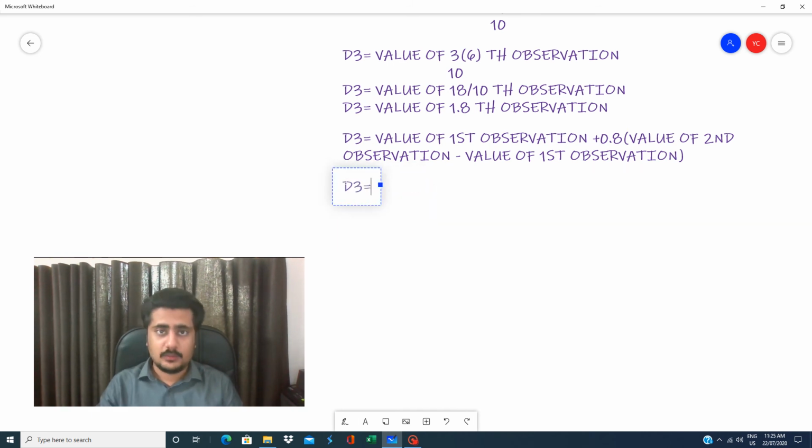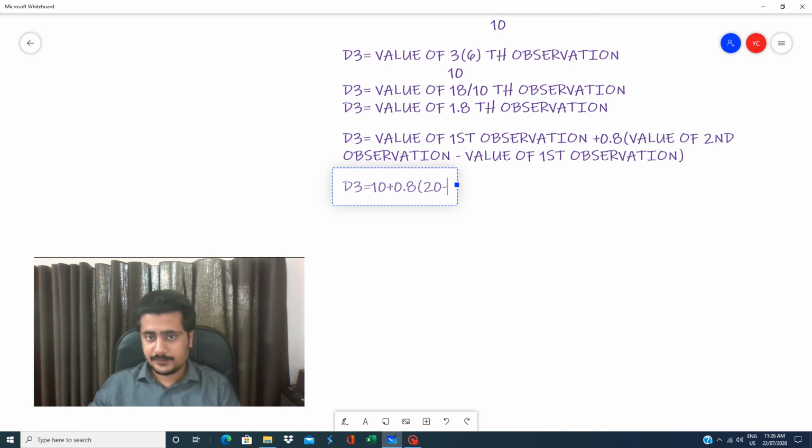Now D3 is equal to value of first observation plus 0.8 into value of second minus value of first. What is the value of the first observation?